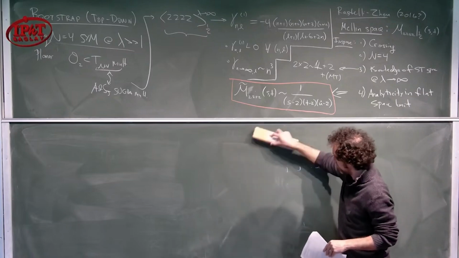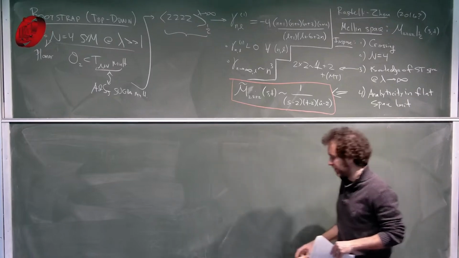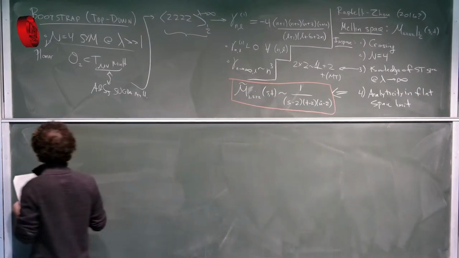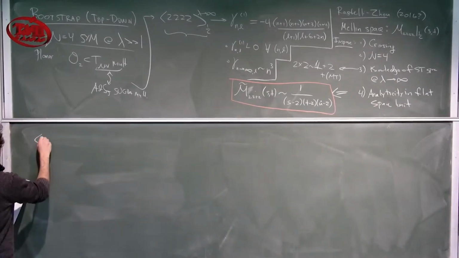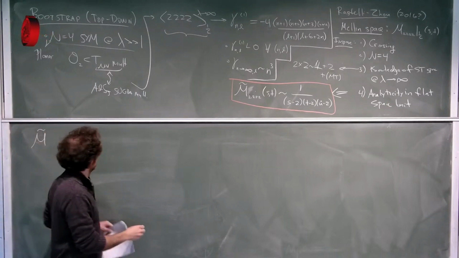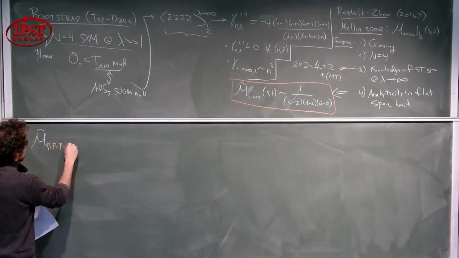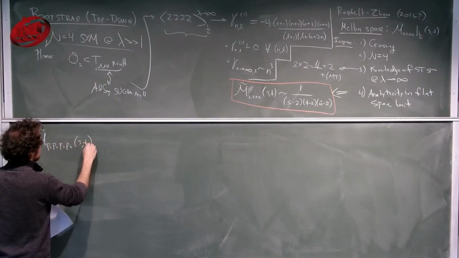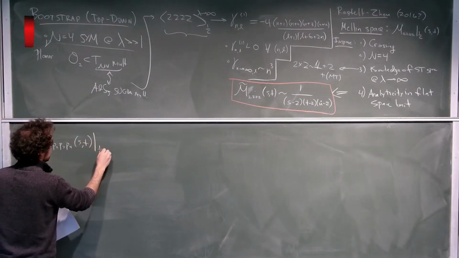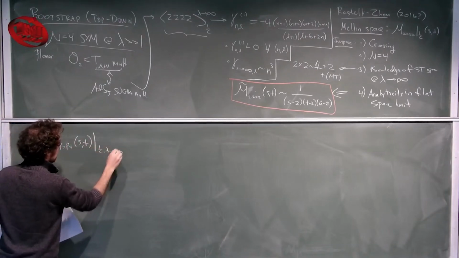In bulk language, these are arbitrary KK modes on the 5-sphere. And so we look at M tilde, 1, 2, 3, 4, p, at large lambda.